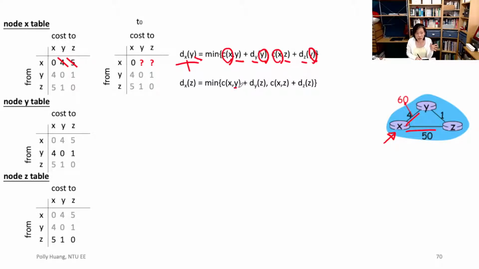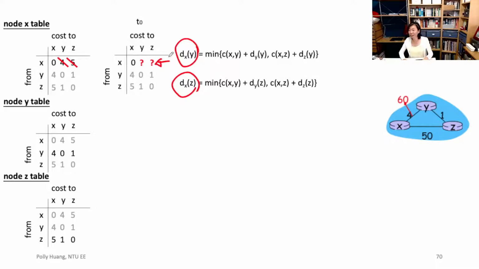Now calculate the value for dx,y and dx,z, so we can update dx right after the link cost change. Work on it. I'm also going to need the change for dy's table, so give me dx as well as dy.